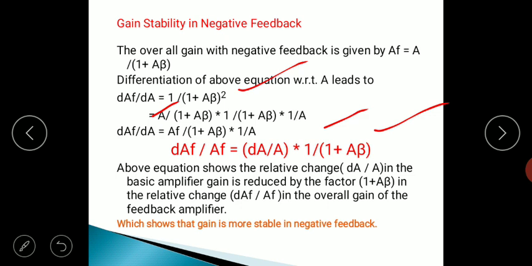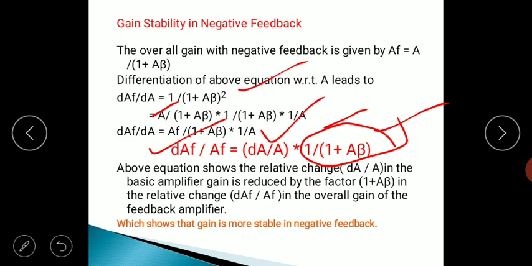So what you can see from this equation is that the rate of change of gain with feedback is less than the rate of change of gain without feedback by a factor of 1 plus A beta, because here we have dAF by AF, and here we have dA by A, but the dA by A is divided by 1 plus A beta. Hence obviously this quantity dAF by AF is less than dA by A by a factor of 1 plus A beta.